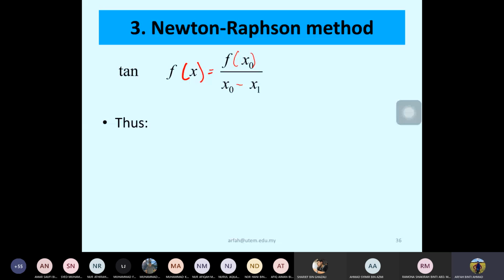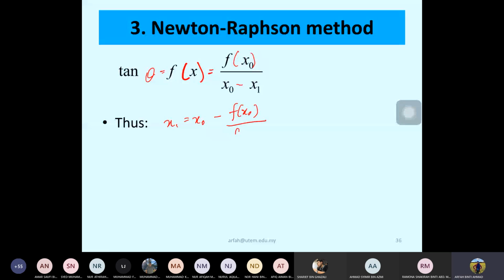Okey, semua dah nampak? F of x, tangent of theta akan sama dengan fx, yang mana fx ni sama dengan fx naught divided by x naught minus x1. Okay, so from here kita akan dapat satu equation, x1 akan sama dengan x naught minus f of x naught divided by f prime x naught.